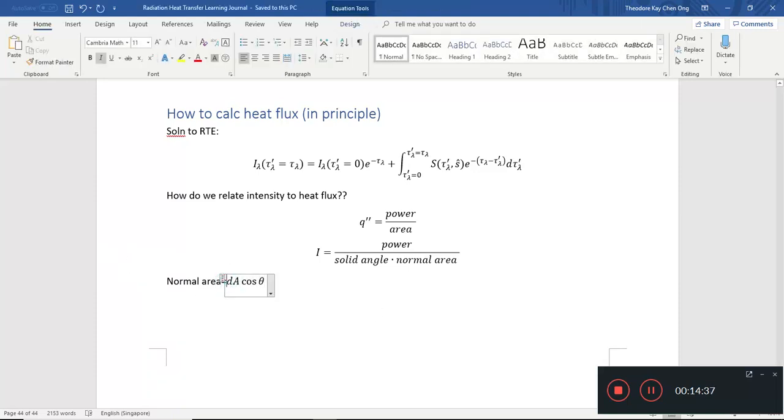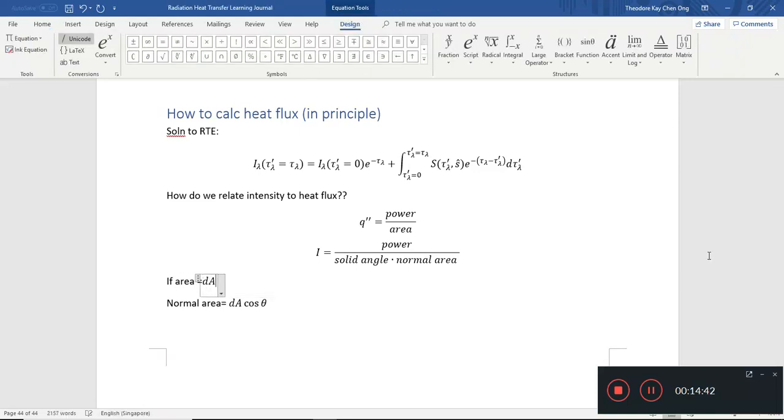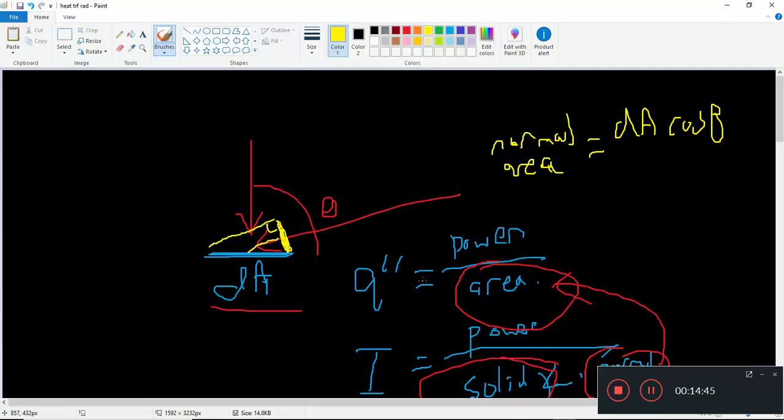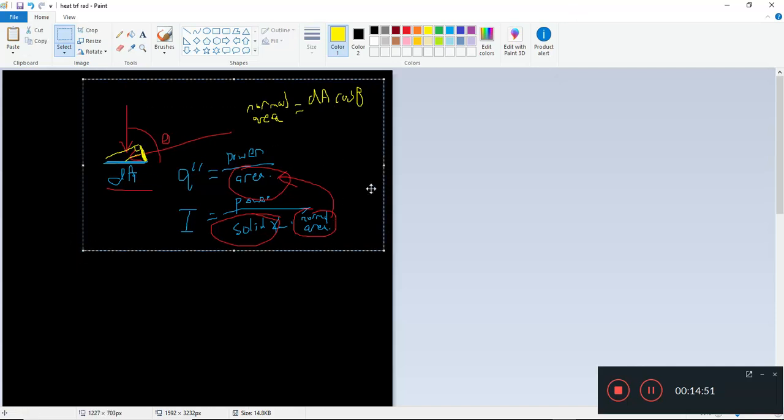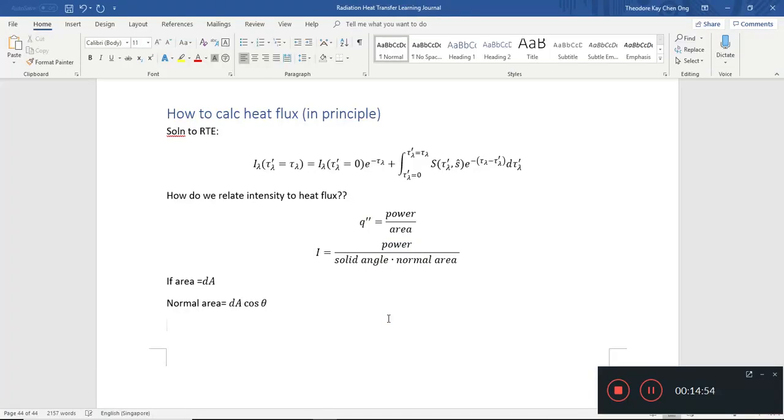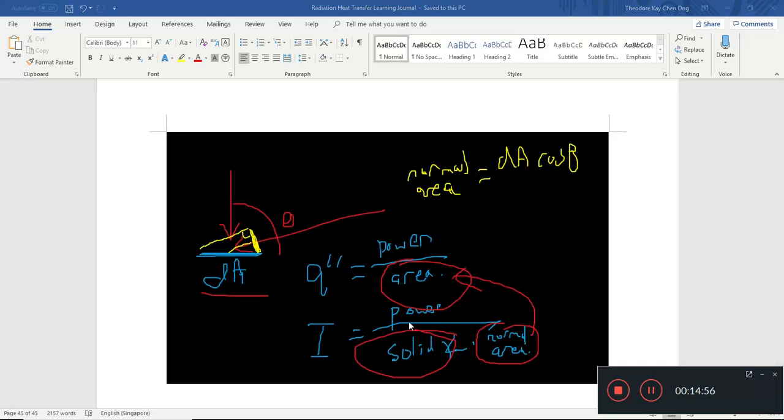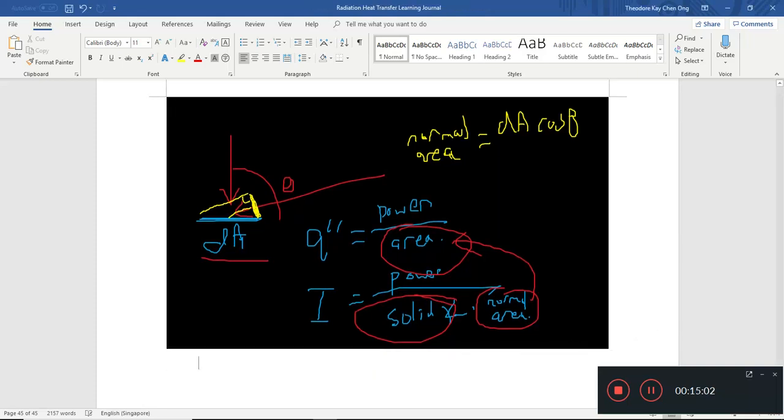So if area is dA, normal area equals dA cosine theta as what we said here. So normal area is that dA cosine theta, no problem.